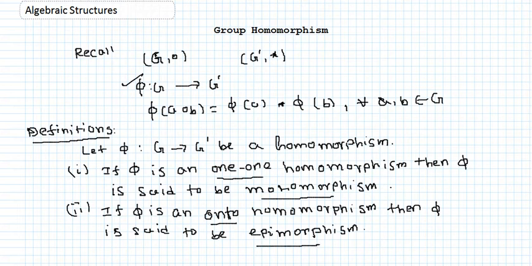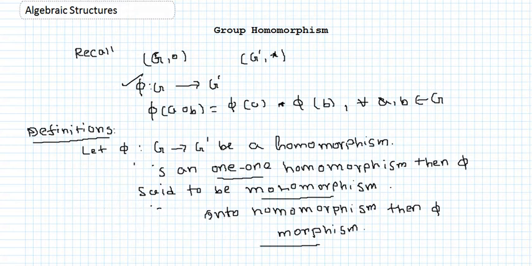Now this mapping can be one-to-one and onto at the same time, which means if phi is a bijective homomorphism, in that case phi will be called an isomorphism. So let me write that down.